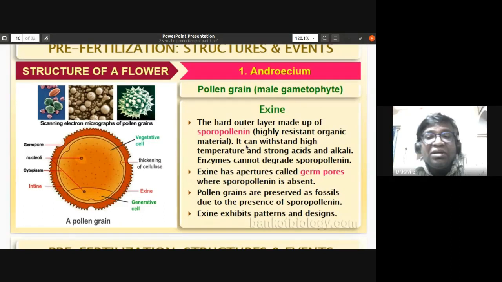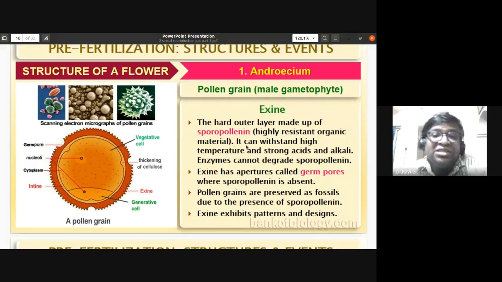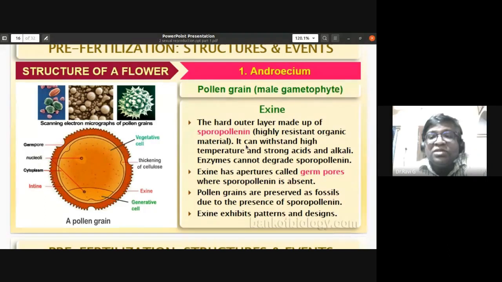So exine has apertures or openings called germ pores, where sporopollenin is absent. It is through this germ pore that the pollen tube comes out. The pollen grains are preserved as fossils for a long duration due to the presence of sporopollenin, and exine exhibits various patterns and designs.